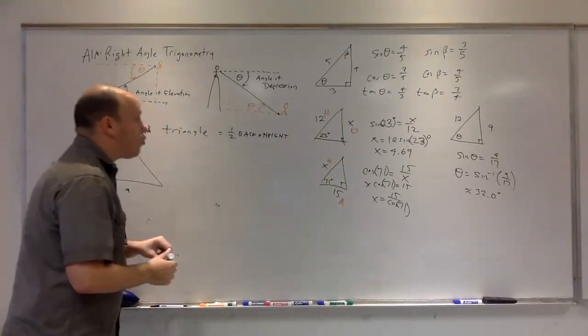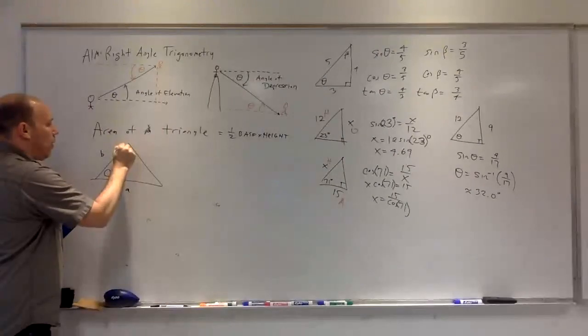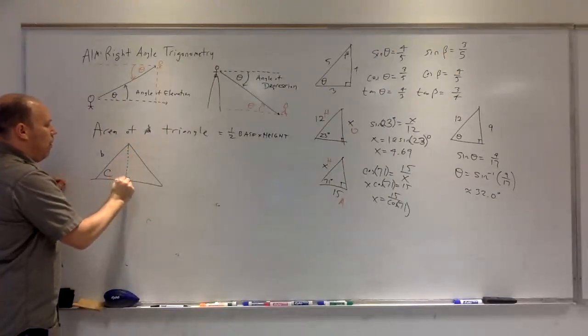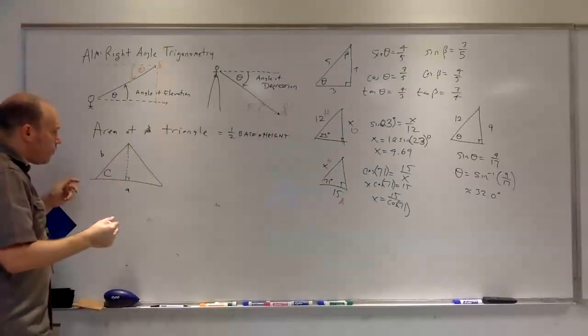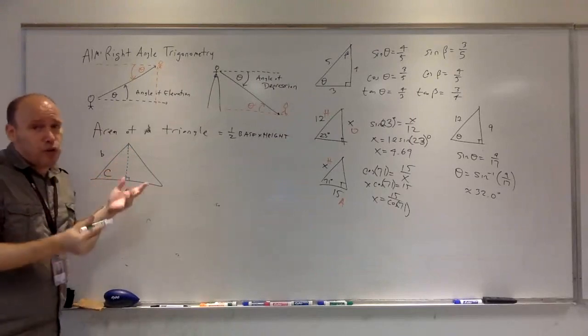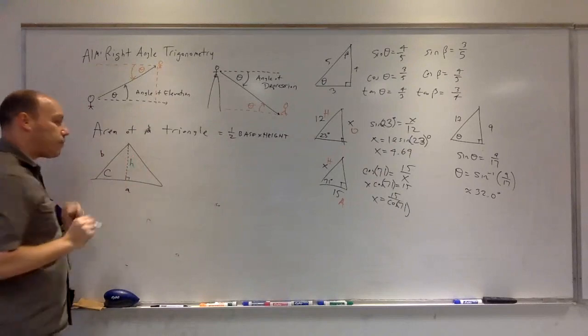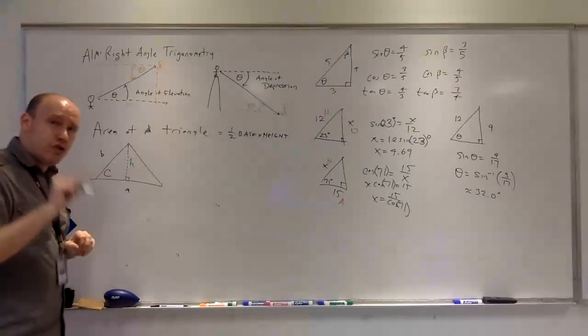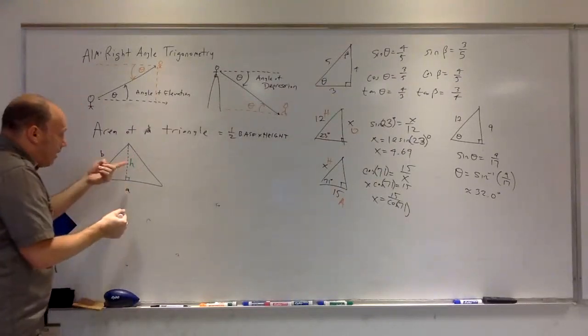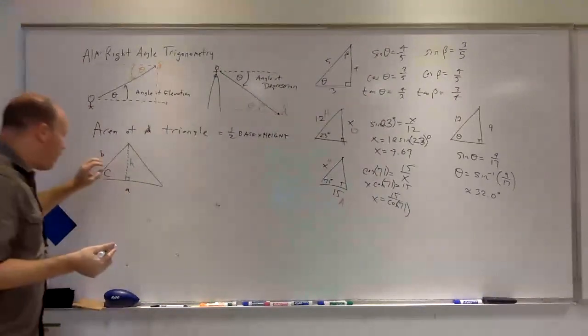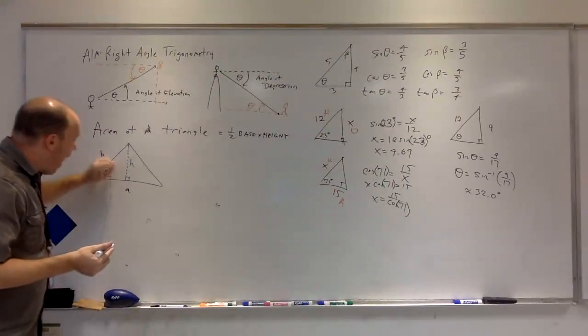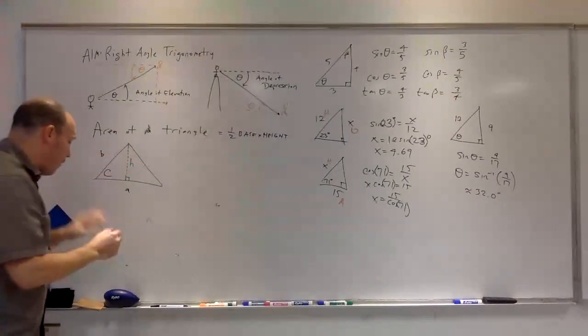Next, the next thing I want you to do is drop an altitude. And so I don't know what the altitude of this triangle is because it's no longer a right triangle. Let's call this H. Well, my question to you is, what is the height? So you say, well, if I'm standing at C, I have the opposite and my hypotenuse.